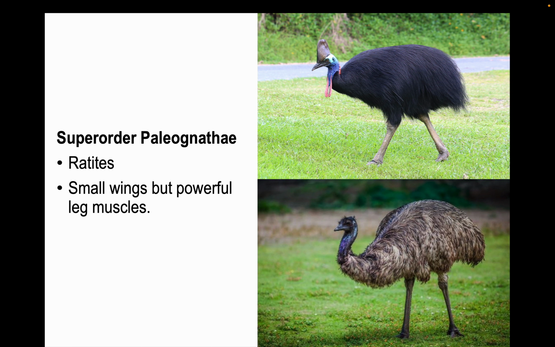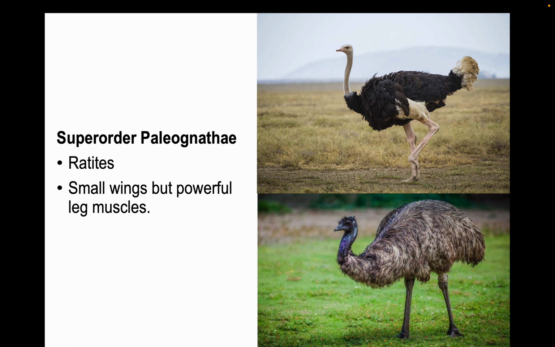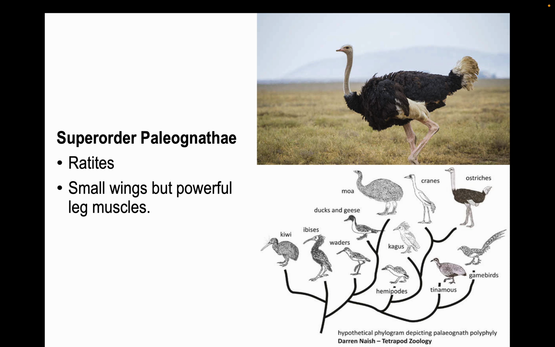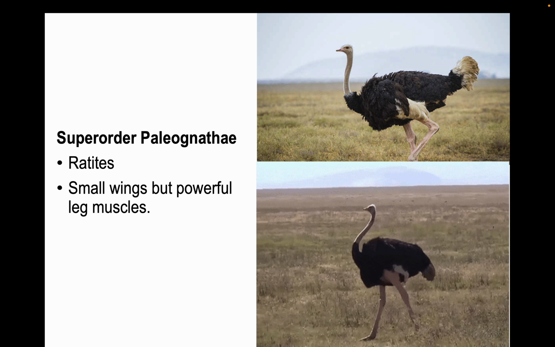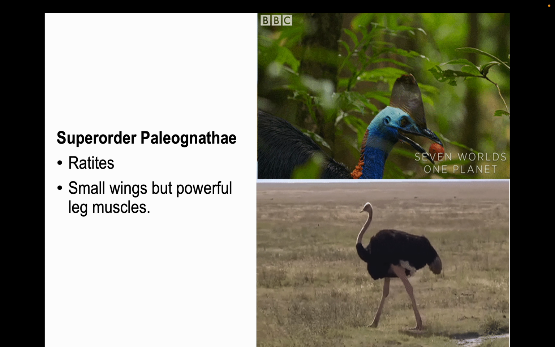Then we also have the Paleognathae, the ratites. They have small wings, but really powerful leg muscles. So their leg muscles are actually the ones that make them more advantageous in terrestrial living. No? So they can run fast. Paleognathae. So we have the ostrich as another example.